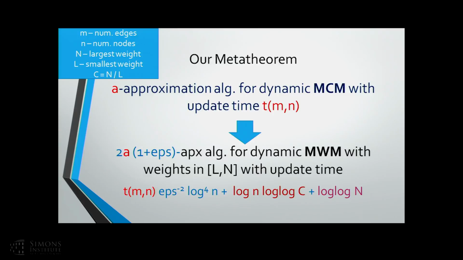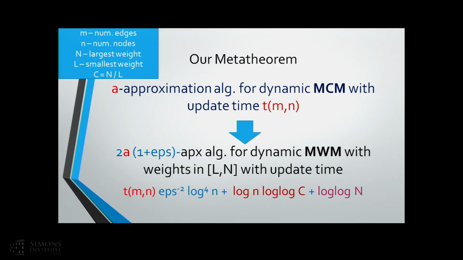If you give me your amazing maximum cardinality matching algorithm that is dynamic, with update time t that's a function of the number of edges and nodes, then I can immediately convert it into one for maximum weight matching.